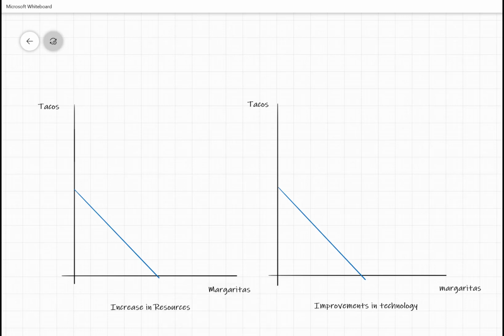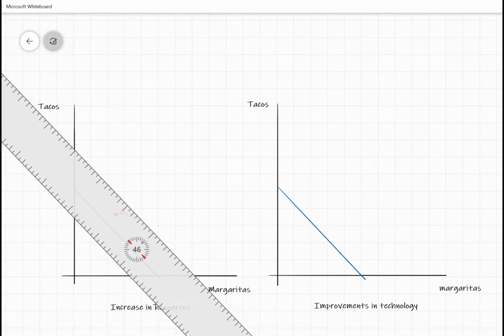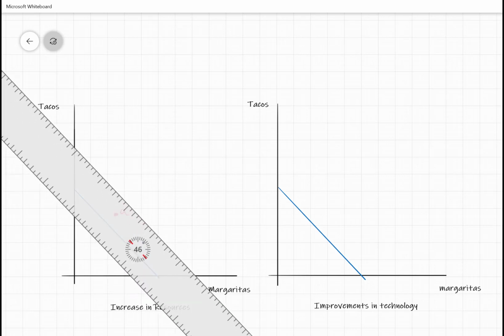Perhaps we want to get to this point A right here. Currently, it's not attainable to us because it's outside of that blue line. But increases in resources can help us get there. Let's bring out the ruler. Looks all right to me. So I can draw this new production possibility boundary.